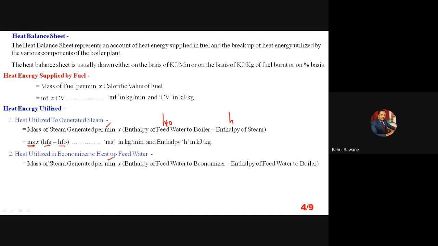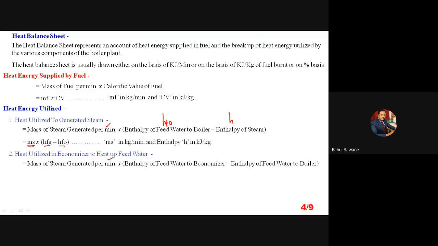So the water supplied is always equal to the steam generated, ms, multiplied by the enthalpy change of water in the economizer.